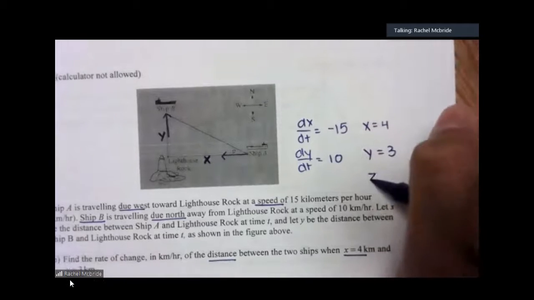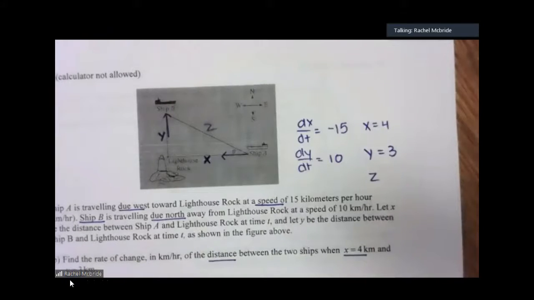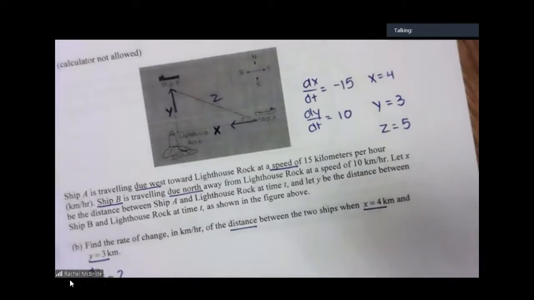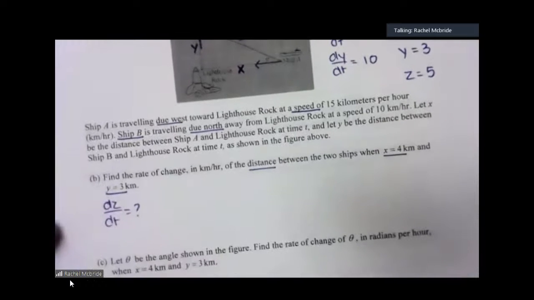Okay, what's that make my z? Yep, thank you. Because it's a 3, 4, 5. What are we looking for? Well, we're looking for dz dt. We want to know how quickly they're moving apart. So we're going to set up a Pythagorean theorem.